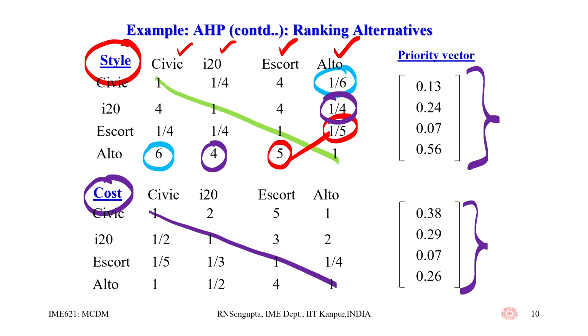Again without going to the decimals, they are 38, 29, 7, 26. Obviously, the priority vectors based on style and cost would differ, because the decision maker has a different level of importance for style and cost.